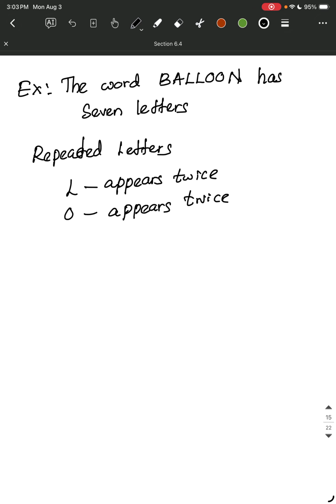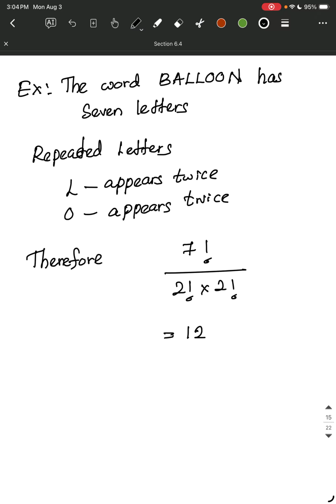Therefore, 7 factorial over 2 factorial times 2 factorial. 1260 distinct arrangements are possible.